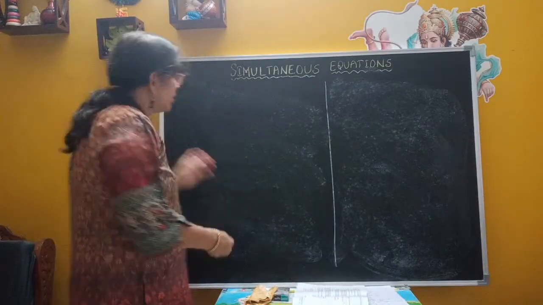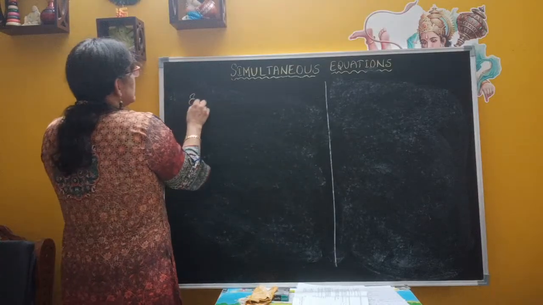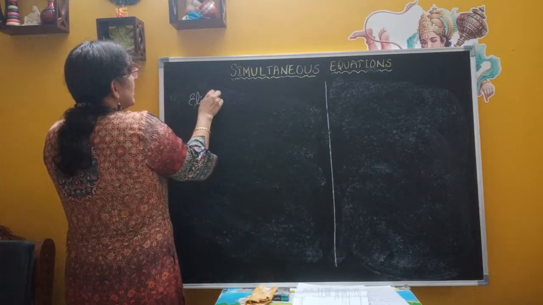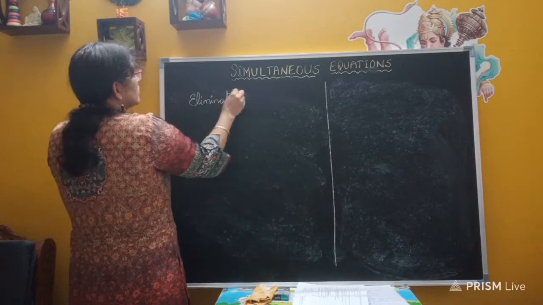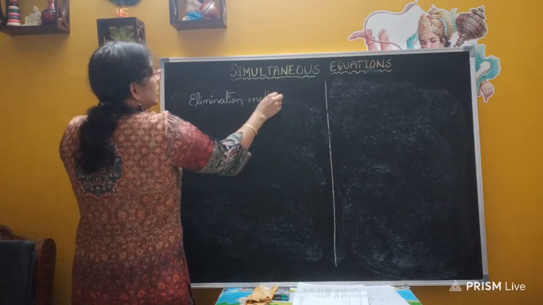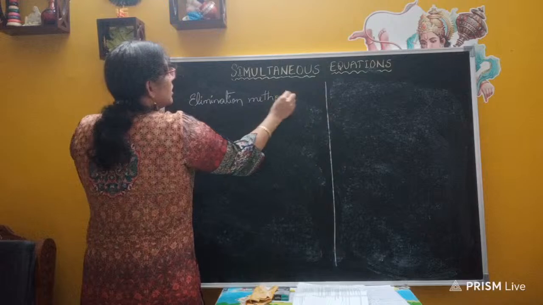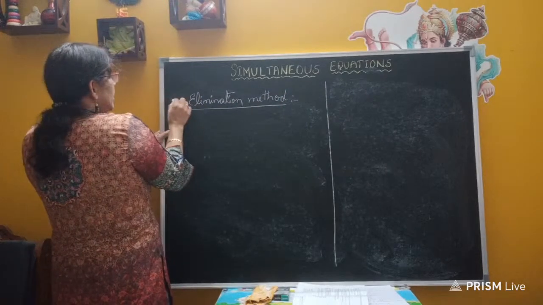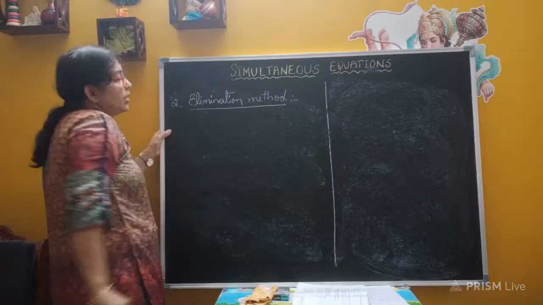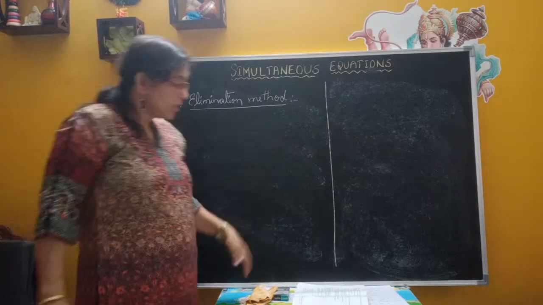Let us write the heading: Elimination method. This is the second method to solve linear equations in two variables or simultaneous equations.